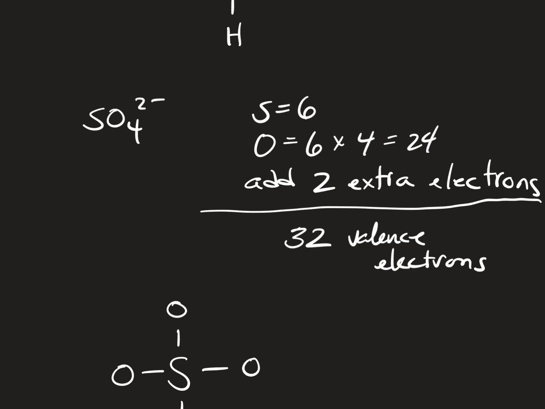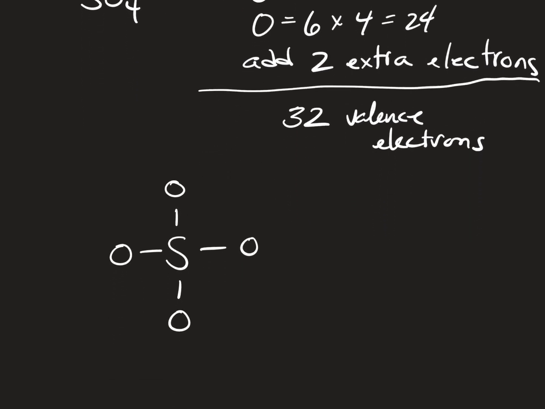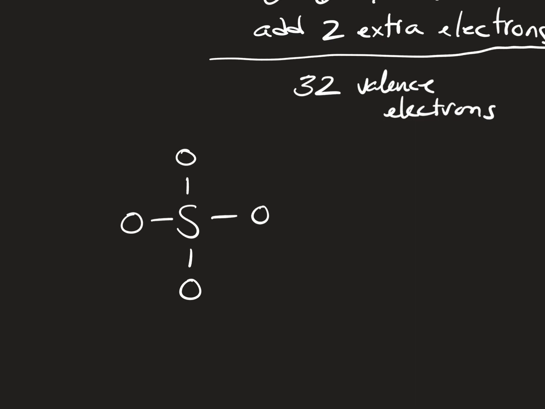I'm not going to put oxygen in the middle and have sulfur as one of the surrounding atoms. It's harder to put into words than it is to just show you. So here we are, I have sulfur in the middle, oxygen surrounding. I hope you really understood what I tried to say there.